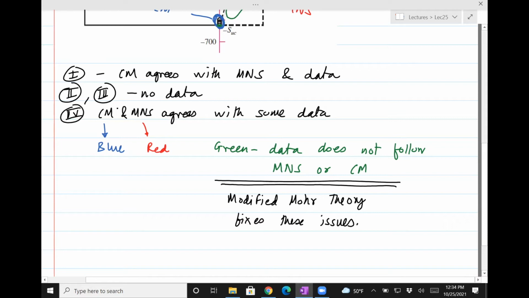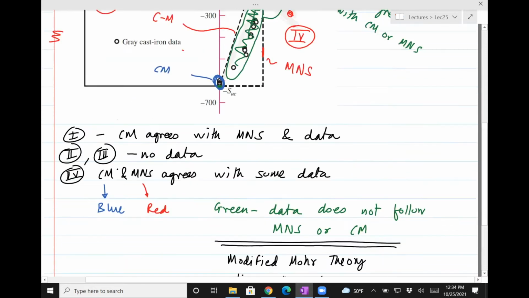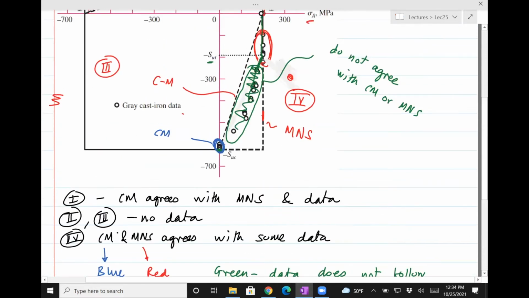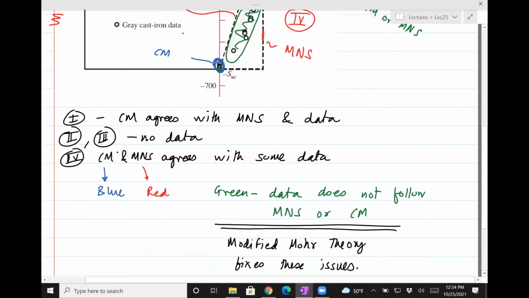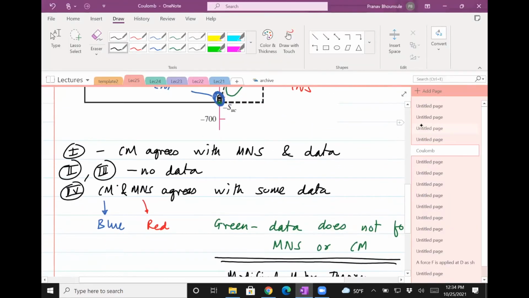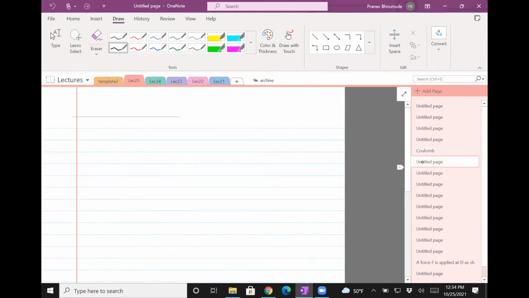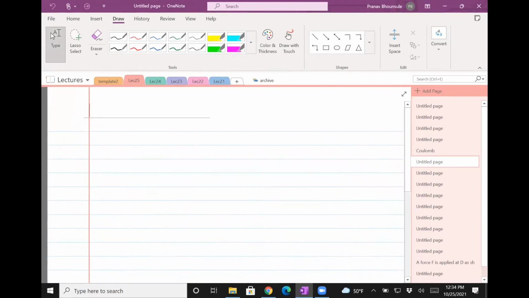The equations are something which help us put the dots in the red ellipse, the blue ellipse, and the green ellipse together in a single equation which now captures the entire set of data points. So let's get to modified Mohr theory, which is going to be the last one.